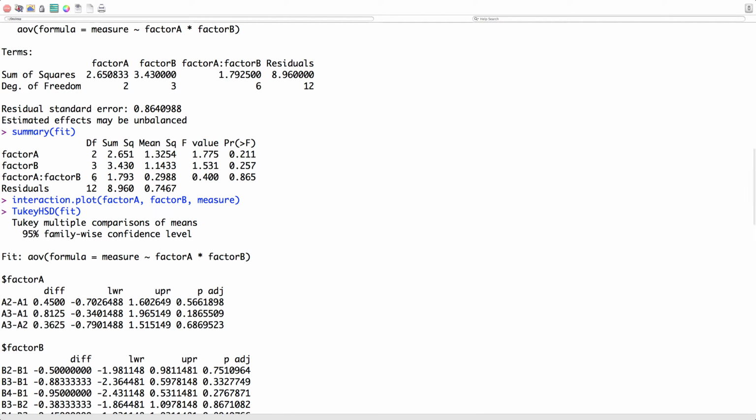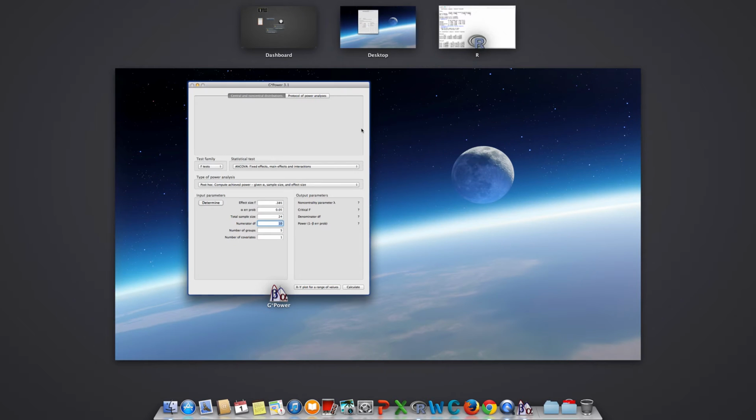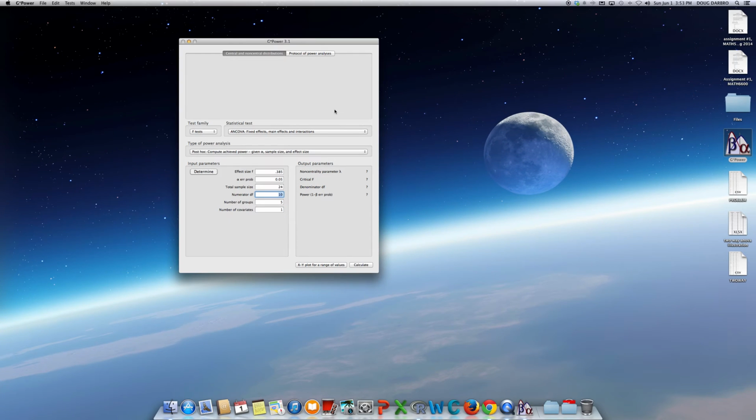So we have 12 plus 6 plus 5 is 23. So you can always remember the degrees of freedom for the total is just going to be the sample size minus 1. Number of groups are 2. And we're not into covariates yet, so we'll put a 0 there.